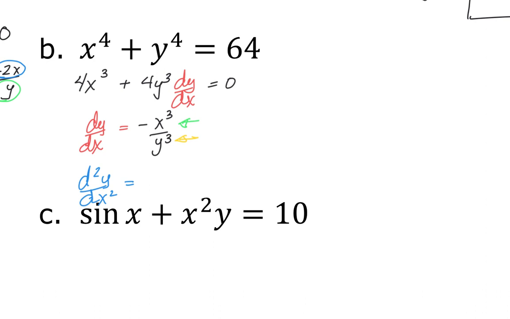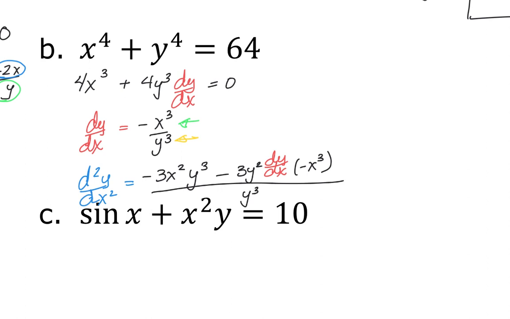It'll be the derivative of my numerator function, which will be negative 3x squared multiplied by y cubed, minus the derivative of my denominator, which is going to be 3y squared dy/dx multiplied by my numerator, which is a negative x cubed, all divided by y cubed squared.